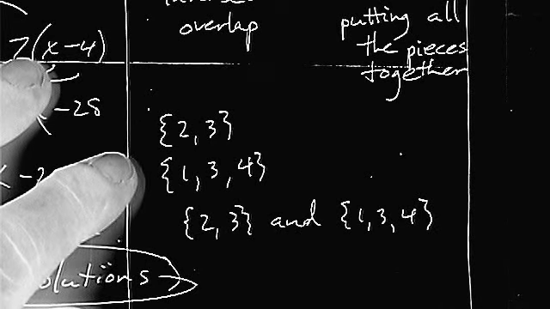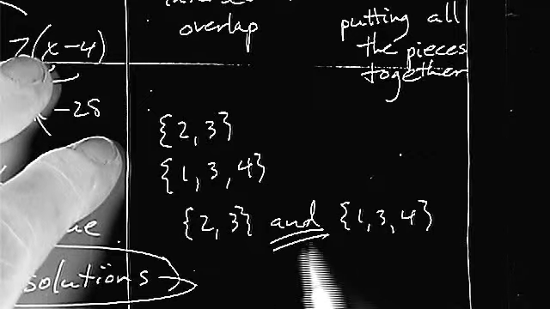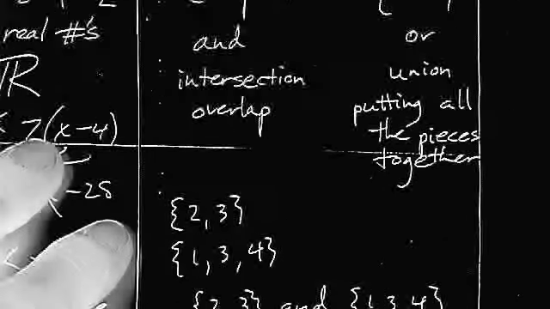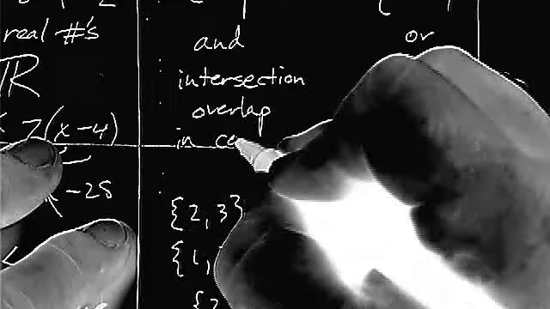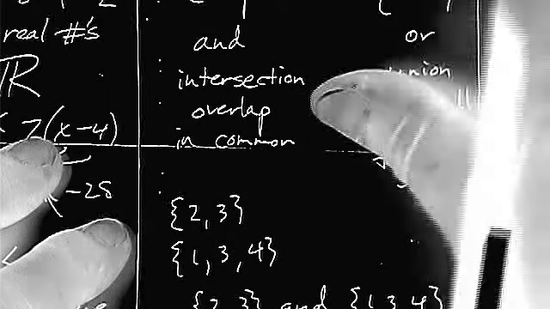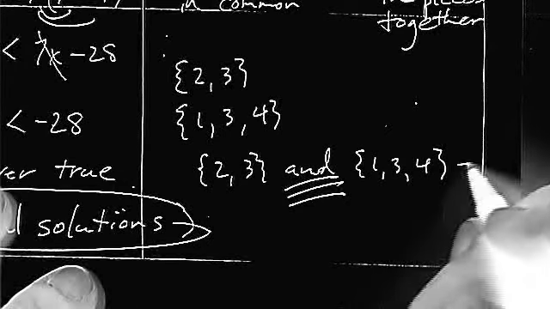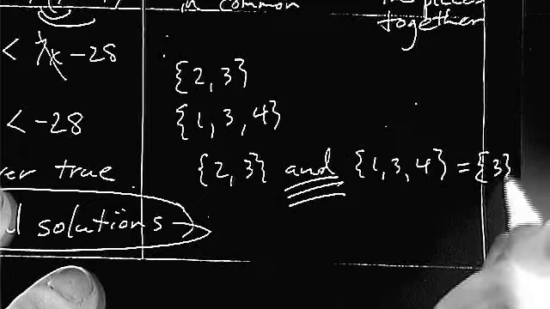In other words, I'm asking you to identify every value that is in common to both sets. Overlap. Maybe I should use the phrase in common. Is there any number that's in common? Well, sure. That would be the number 3.